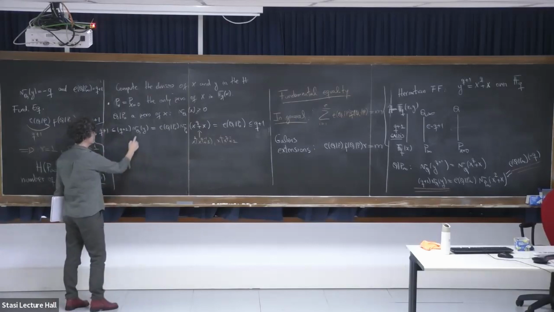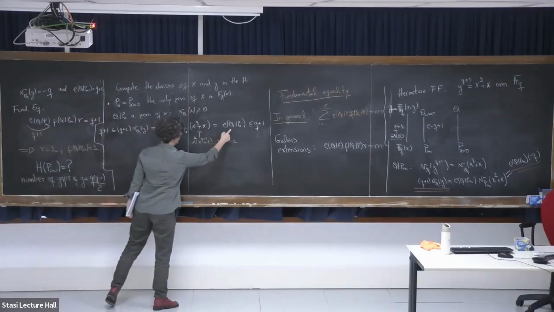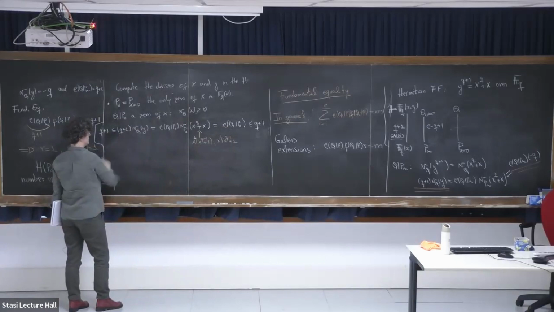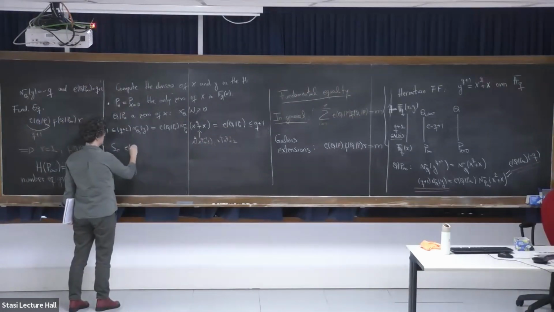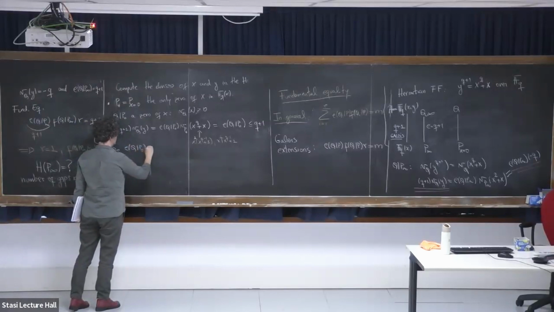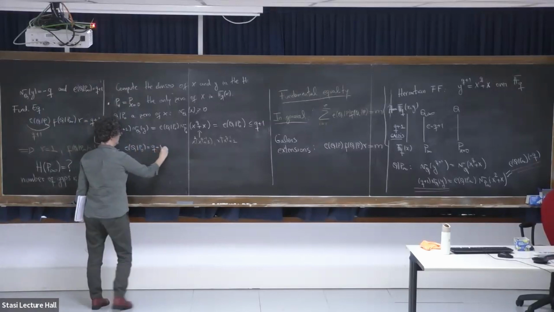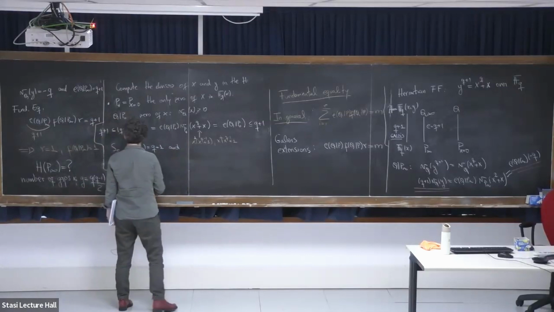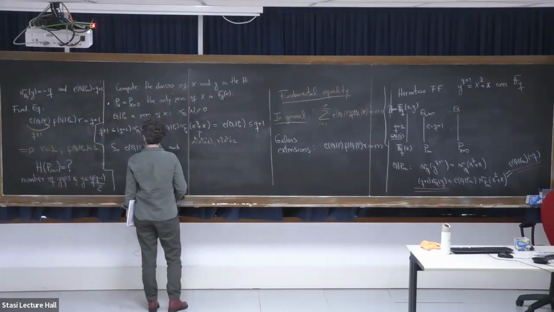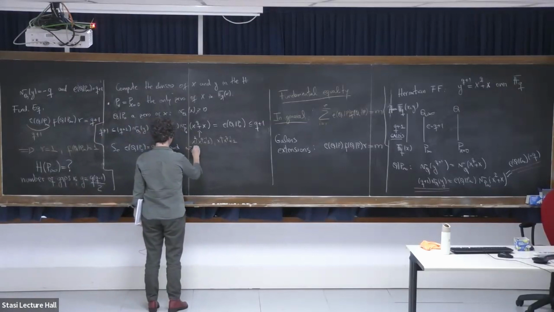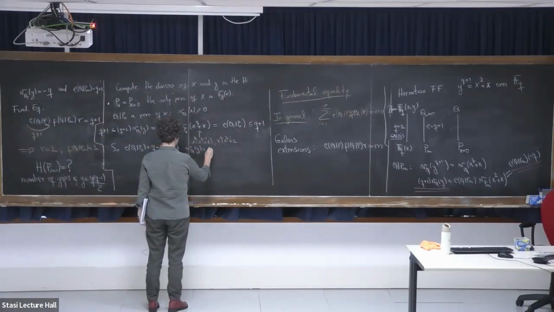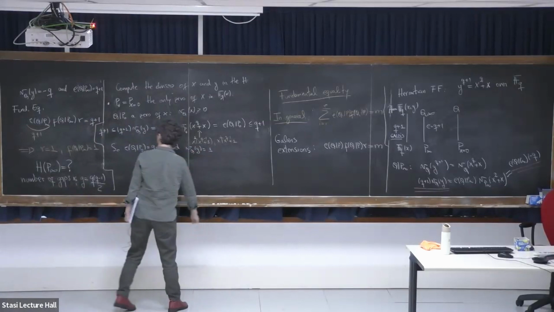So we need that this guy has to be 1, and this guy has to be Q plus 1. And well, this guy is this, and this guy is 1.